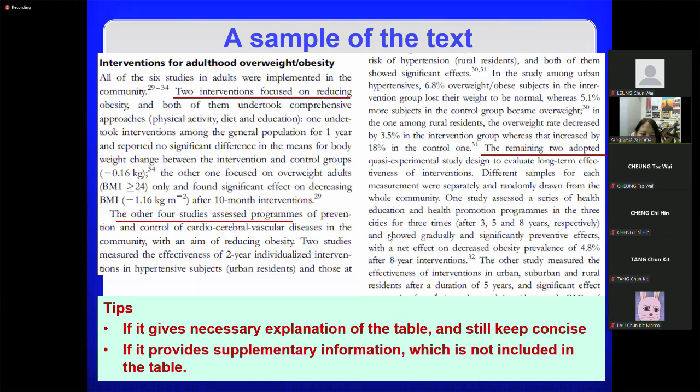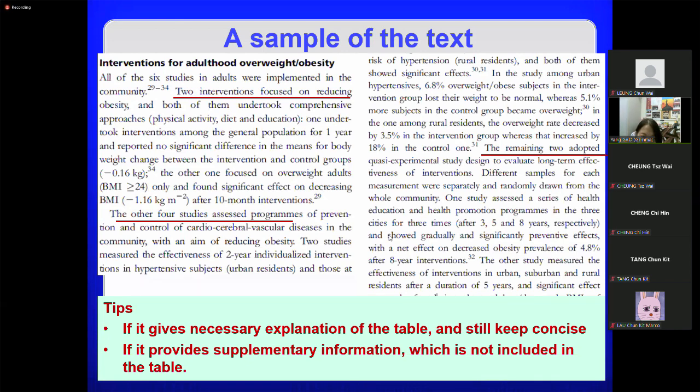Bear in mind to check if it gives the necessary explanation of that table, and also try to keep it as concise as possible. And the main text should also provide supplementary information, which is not included in that table.